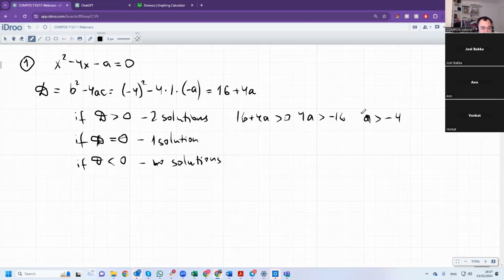So if a is greater than minus 4, there's two solutions. And if a equals minus 4, there's one solution.